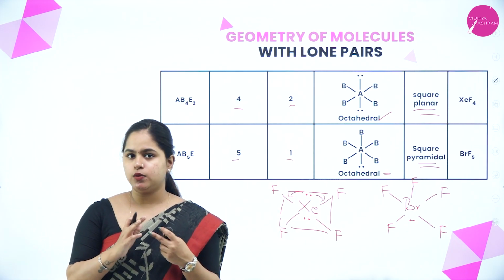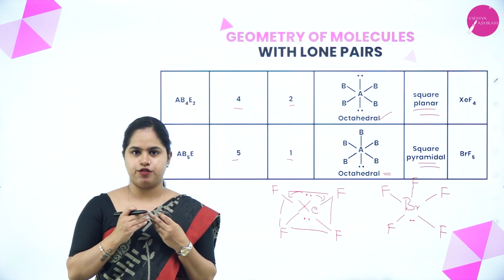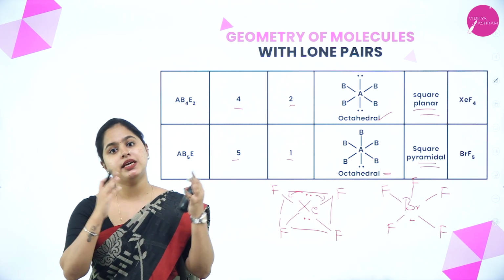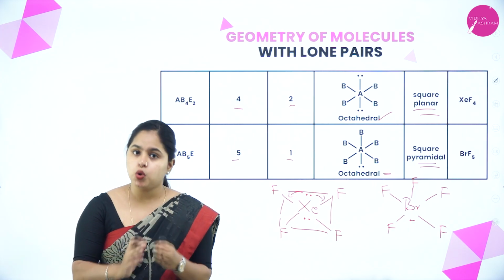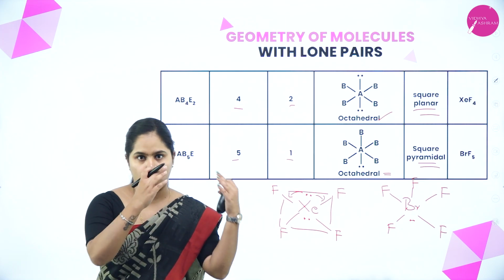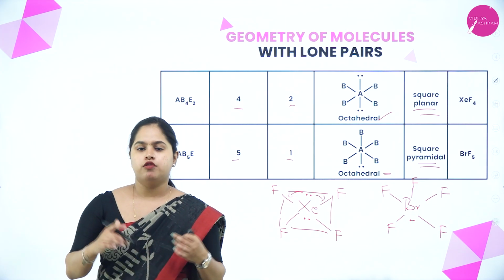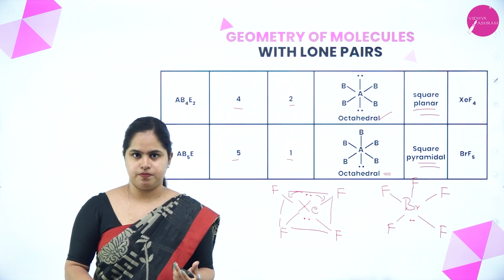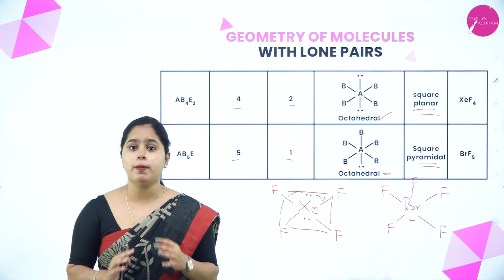So, till here, what we have discussed, I hope it is clear for you. The geometry and shape will be the same if there are no lone pairs. If only bond pairs are present, we understood what the geometries are for 2 bond pairs, 3 bond pairs, 4, 5 and 6. In those cases, lone pairs weren't there.